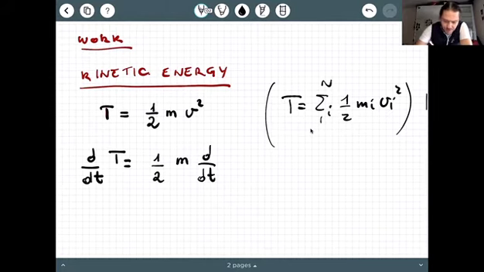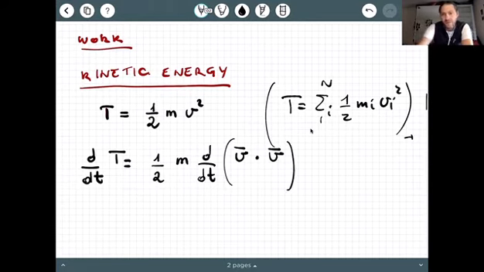Whenever you apply the derivative, we can go through the derivative, and then you have the derivative of the velocity against the velocity. And now you should remember some laws of differentiation, which I of course don't have time to review here. When you have the derivative of a product of variables, you should differentiate the first keeping the second not differentiated, and then the second keeping the first not differentiated.